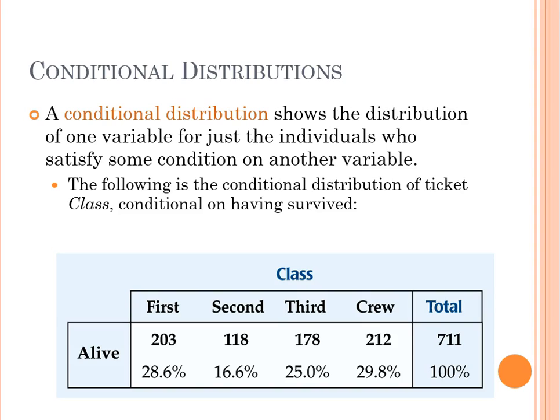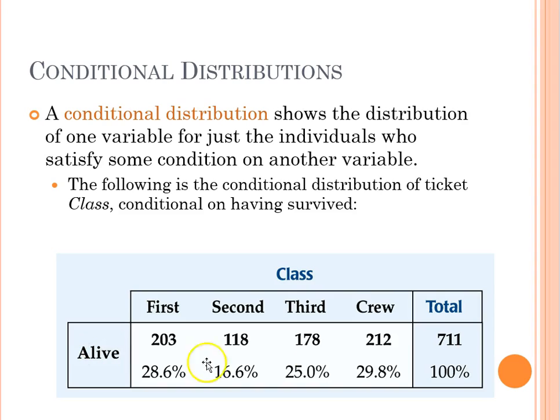So now let's complicate things a little bit more and look at the conditional distribution. The conditional distribution means that you have some piece of information about the data that you're observing. For example, with the passengers on the Titanic, if we're only interested in looking at the passengers that survived, we can remove the row of passengers that did not survive.